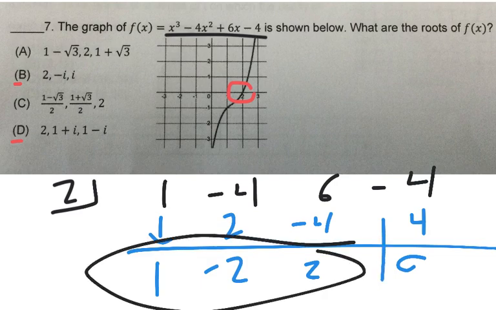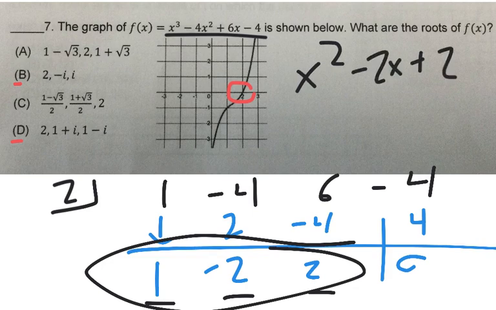So what's left over, this is the constant, x to the first, x to the second. So my depressed polynomial is x squared minus 2x plus 2. You following where I'm getting that from? Yeah. Okay.